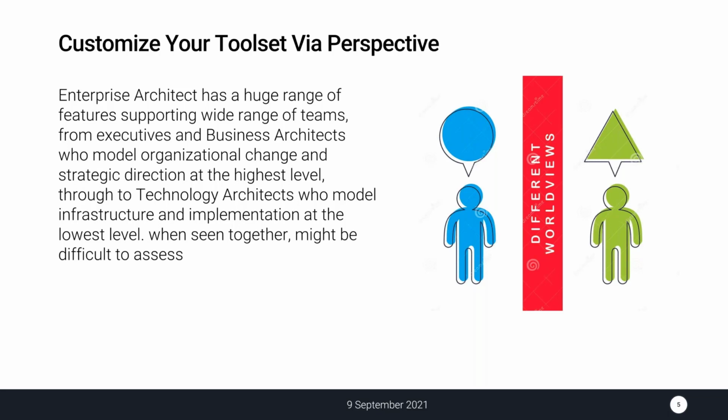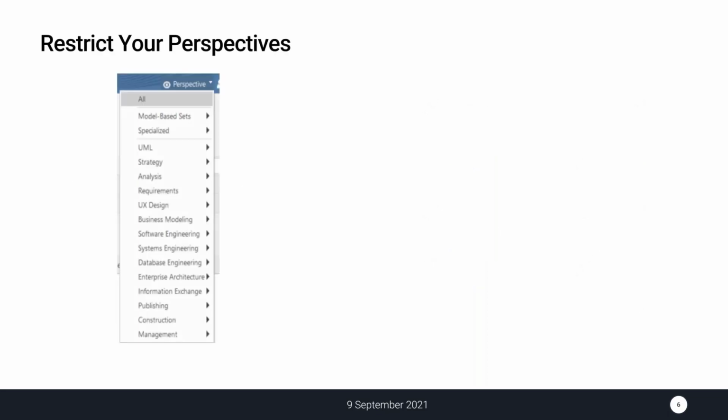Perspective customization lets your team focus on what it specifically needs, which allows you to group and minimize the technologies and provides you an option to focus on the selected diagrams, elements, and connectors. The screenshots in the slide show the difference between the technology and diagram list after configuring the perspectives.